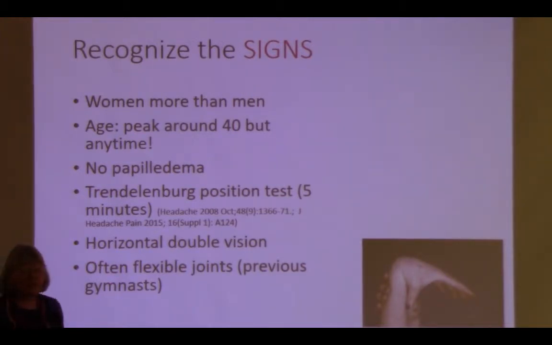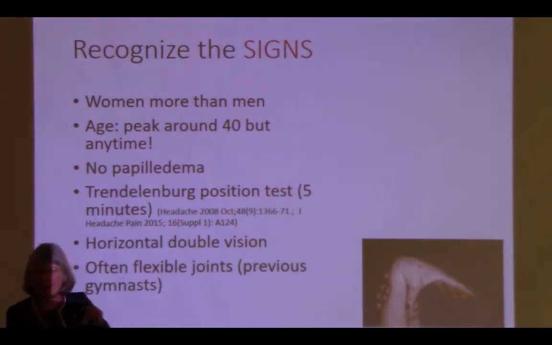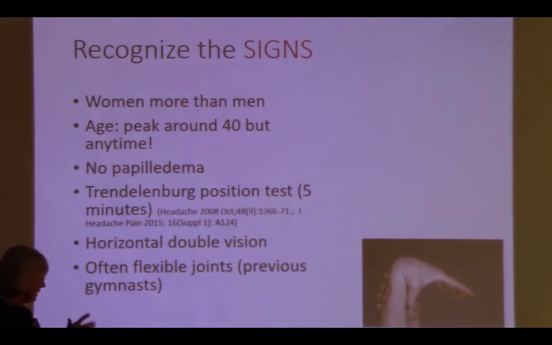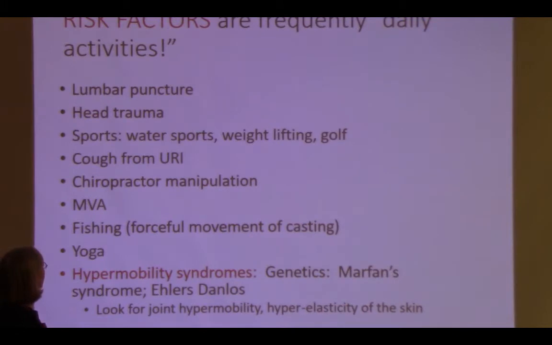The people who tend to get this are people with a lot of double jointedness, or flexible joints, like gymnasts. If people were gymnasts, they're more likely to get this kind of thing because they can do all these weird things, and people who can touch their thumb to their forearm, all that stuff. So those are the people that are at a little higher risk for getting this low pressure headache.